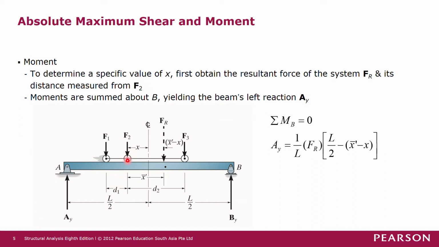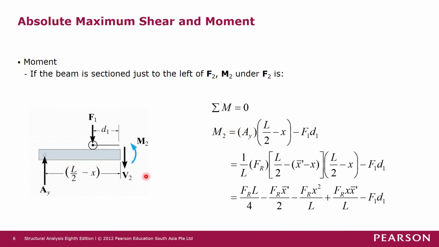So now we cut across a section at F2 and find out what the bending moment is there. When you cut across this section, it will look like this, with this distance equal to D1. F2 is actually exactly here.